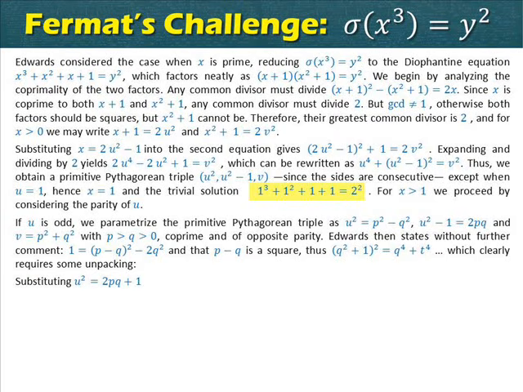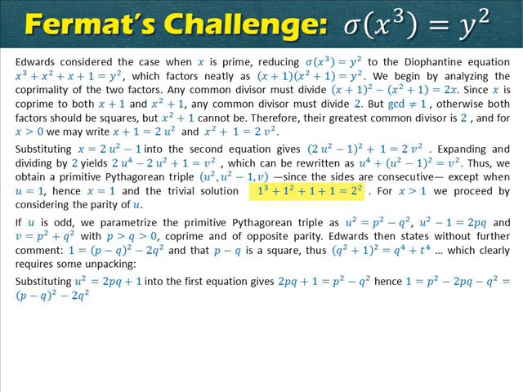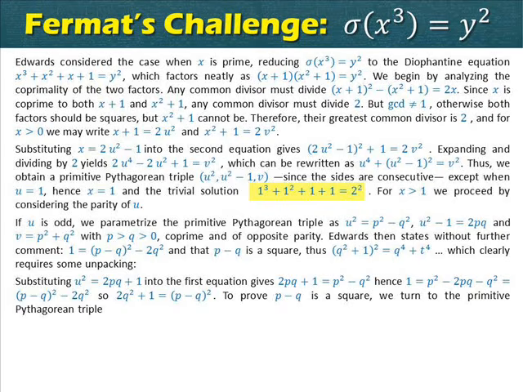Substituting u squared into the first equation gives 2pq plus 1 equals p squared minus q squared. Hence, 1 equals the square of (p minus q) minus 2q squared. So, 2q squared plus 1 equals the square of (p minus q). To prove p minus q is a square, we turn to the primitive Pythagorean triple u squared plus q squared equals p squared.